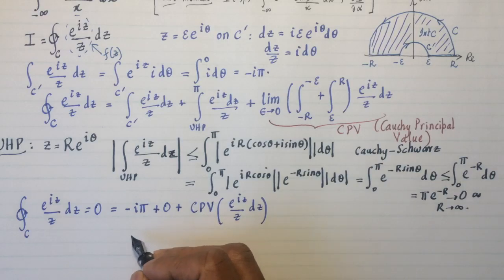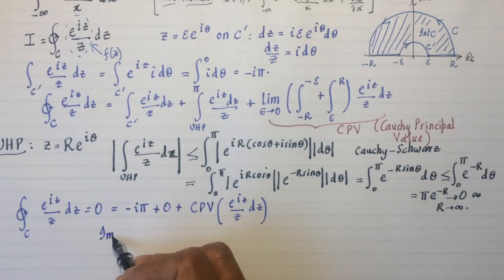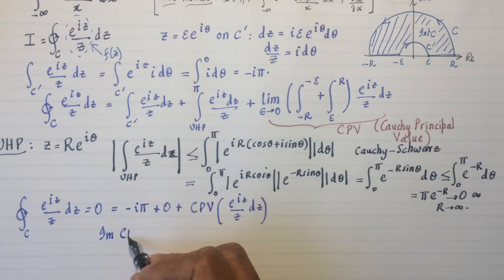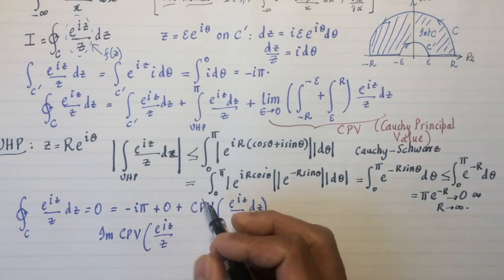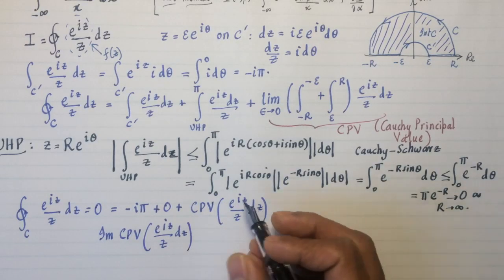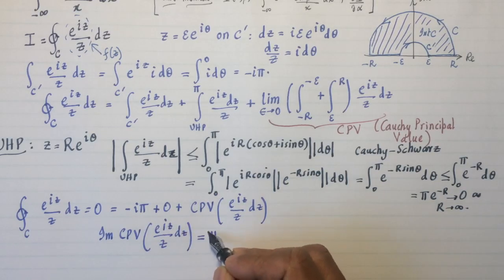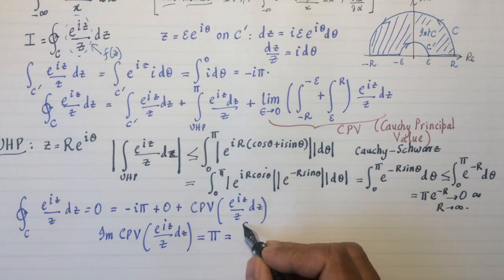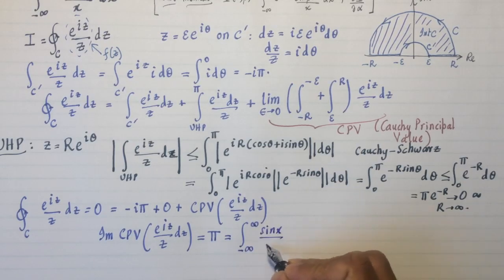Now, what I'm going to do is take the real and imaginary parts. So the imaginary part of the Cauchy principal value of e to the iz over z dz, well, that's just going to be equal to pi. And that is the integral from minus infinity to infinity of sine x over x dx.